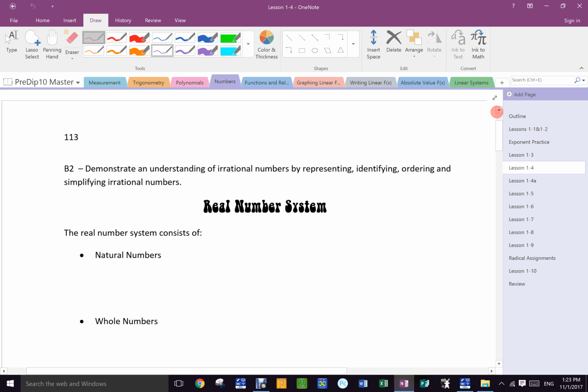The real number system. It's a one page, not even a whole class lesson really. It's not even really that important in grade 10, but it's going to become hugely important to you in the way you do your math next year.